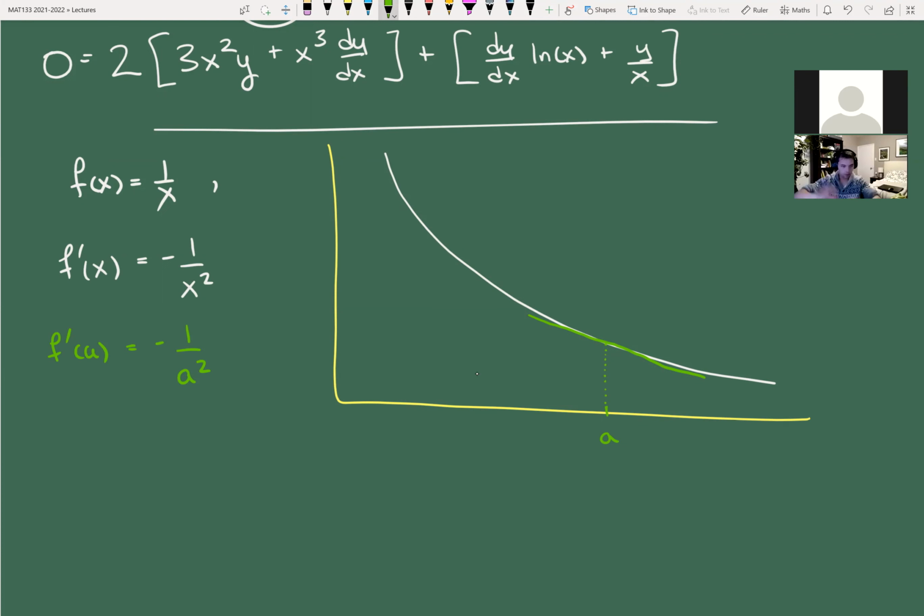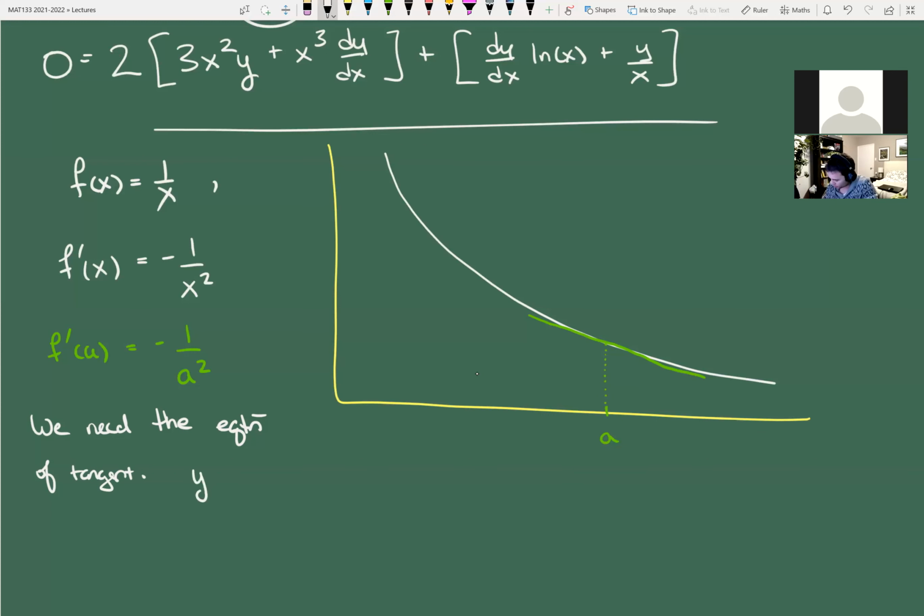Now, this is the slope of the tangent line, right? And what I need to do, though, is actually find the equation of the tangent line, right? So we need the equation of the tangent. And I wrote earlier, in the geometry of the derivative section, the point slope formula.